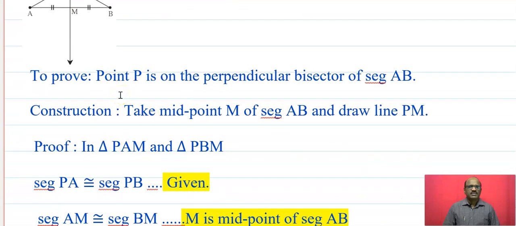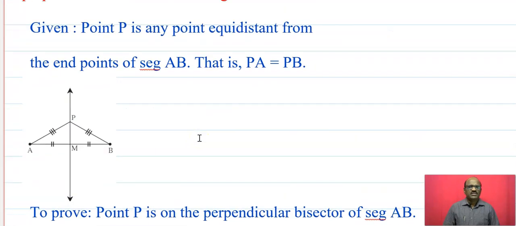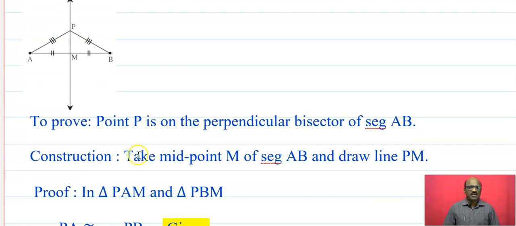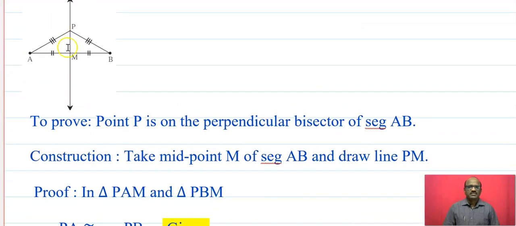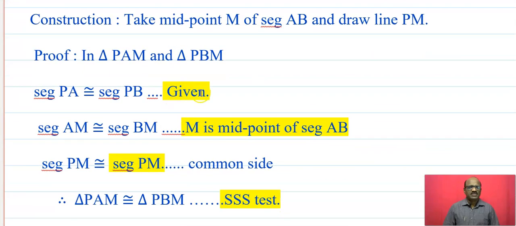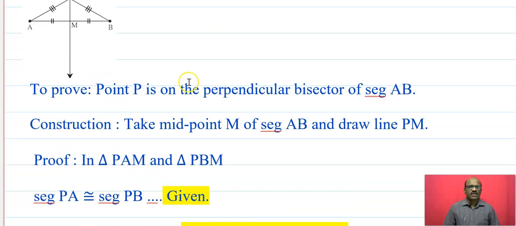To prove that the point P is on the perpendicular bisector of segment AB, for the construction, take M, the midpoint of segment AB, and draw PM. Now we will consider the two triangles PAM and PBM. In these two triangles, PA is congruent to PB, which is given, and segment AM is congruent to MB.